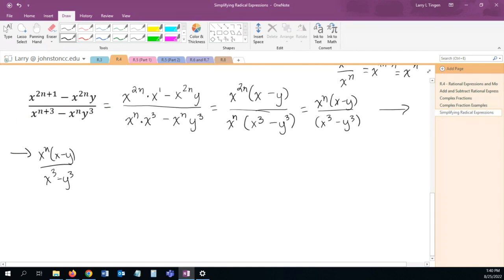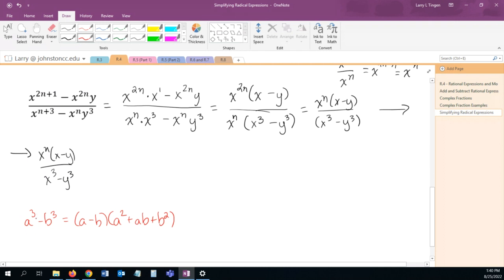The rule says that if I have a cubed minus b cubed, this is equal to a minus b times a squared plus ab plus b squared. This is the thing that I got wrong last time.